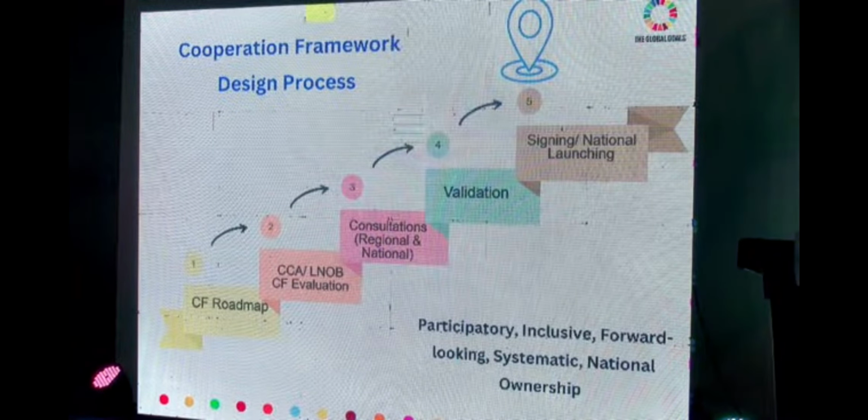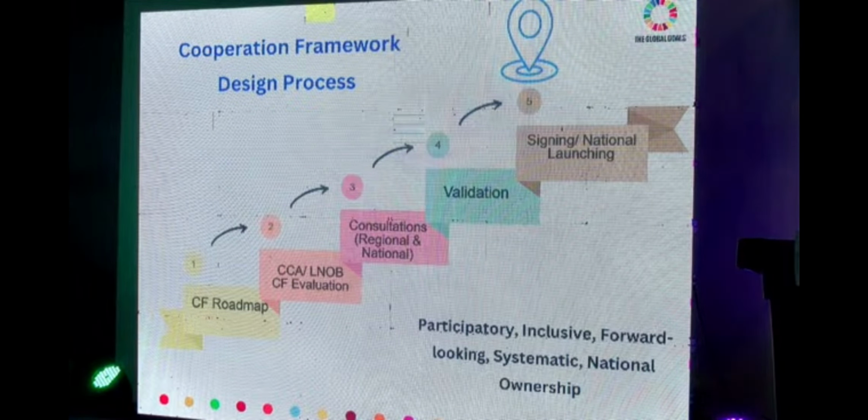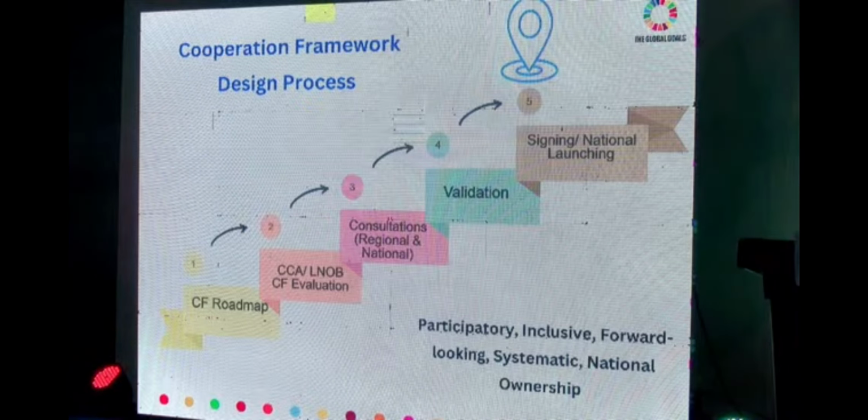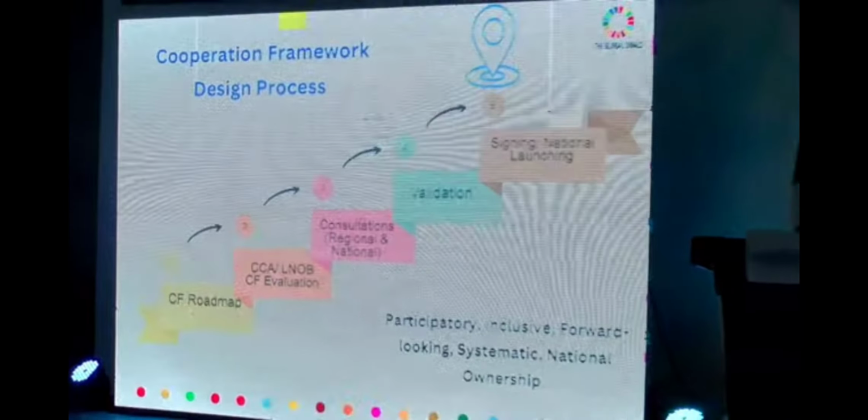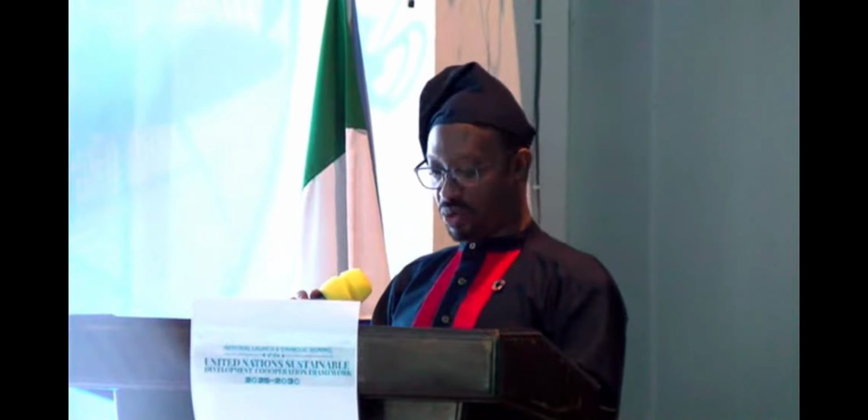Then in January of this year, regional consultations with key stakeholders and community leaders at regional and national level happened. And that was an opportunity to hear their voices as the main key stakeholders and beneficiaries. Recently, this all culminated in the validation workshop with development partners and government, which happened, as you all recall, on 9th July.